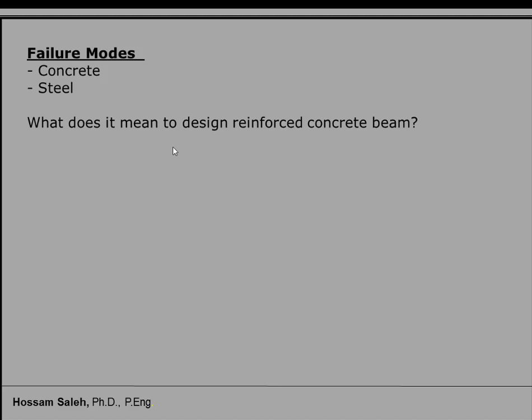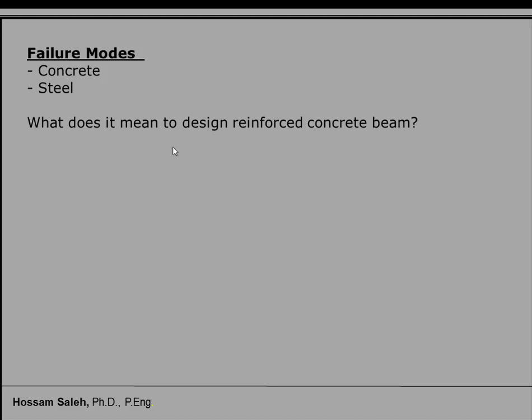Now when we speak about failure, what type of failure can we expect? We can expect that the concrete can fail, and that can happen when the stresses on the concrete are much bigger than the resistance of the concrete, or we can expect that the steel can fail, which means the tensile stresses are much bigger than the tensile resistance of the steel.